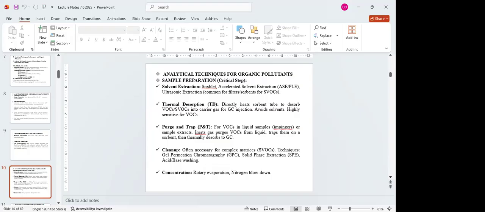Now, we also have the purge and trap. That is for VOCs in liquid samples, that is the impingers or sample extracts. The inert gas purges VOCs from the liquid, traps them on a sorbent, then thermally desorbs to the GC.